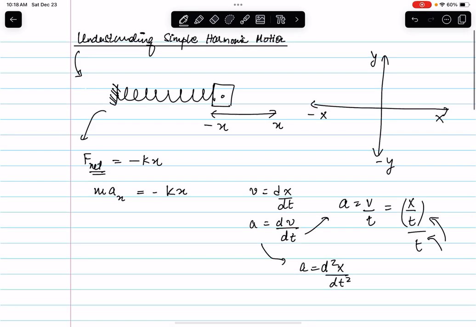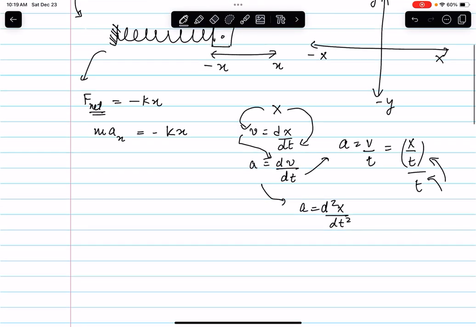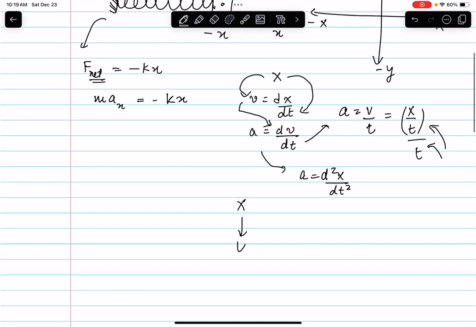So what this means is that if you take the derivative of the displacement, so if you do dx by dt, you get your velocity. And then if you do dv by dt, you get your acceleration. So from displacement, you get velocity. From velocity, you get acceleration. And then if you go this way, it's like you're taking the double derivative of the displacement.